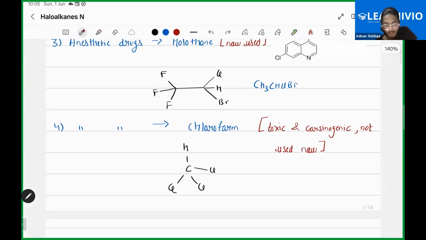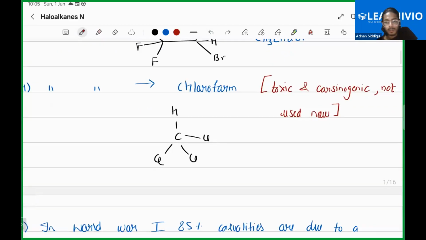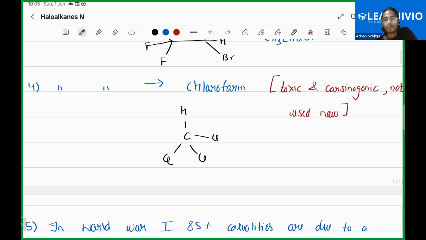Before halothane, we were using chloroform. You must have heard in serials they show that if someone puts a chloroform cloth onto someone's face, they will just what? What's the specific word for that?